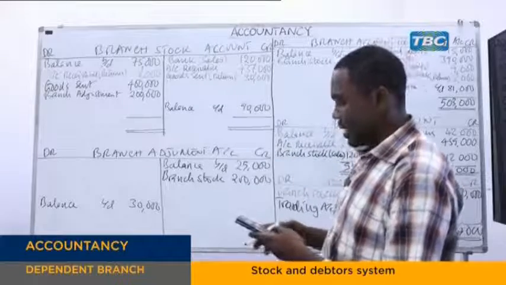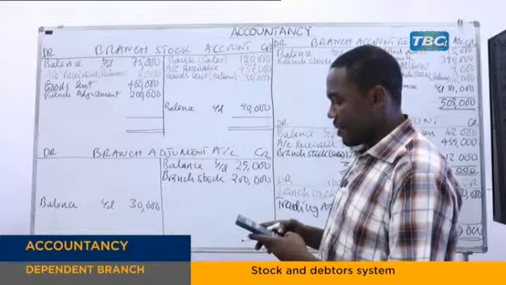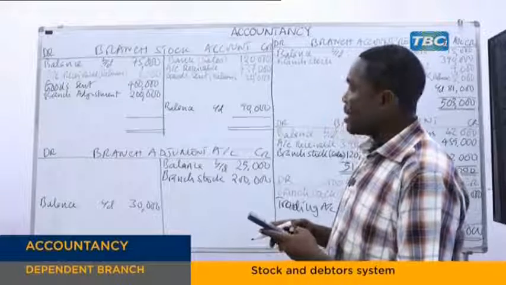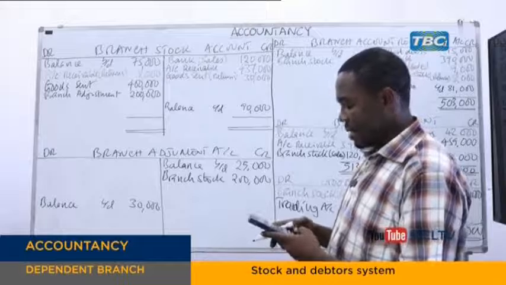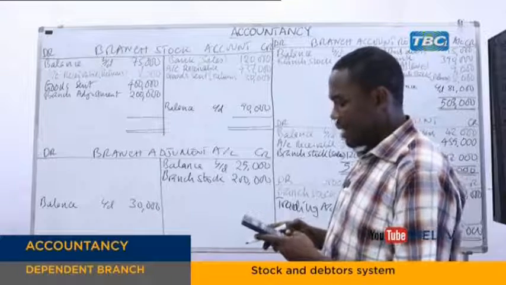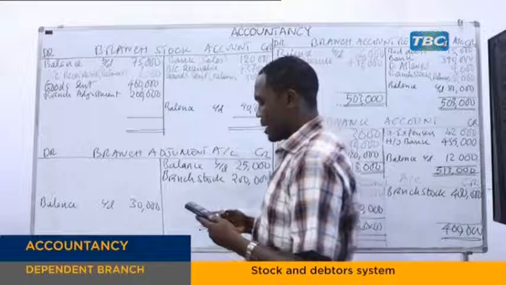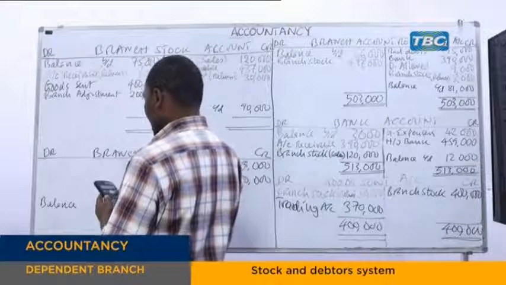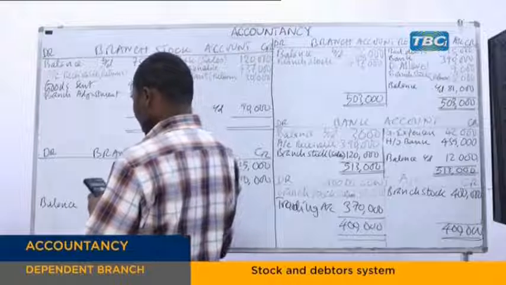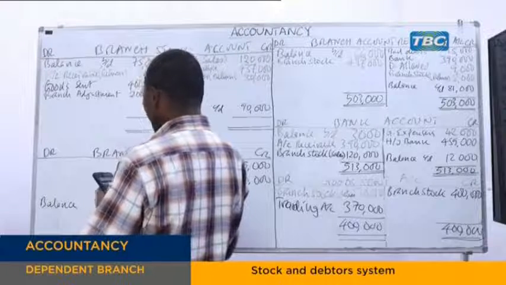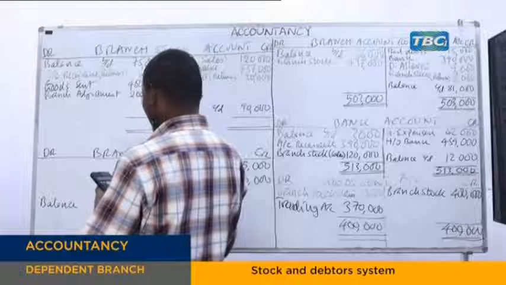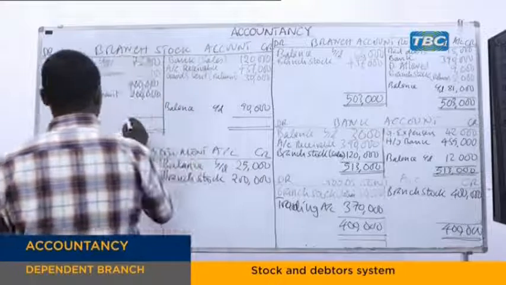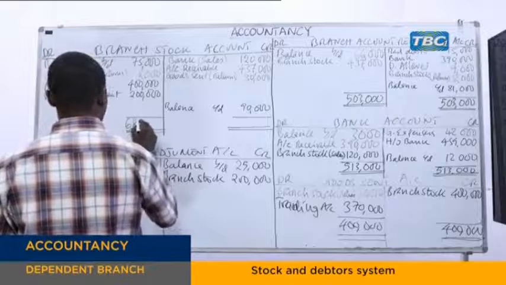Let's start with the debit side. 75,000 plus 8,000 plus 400,000 plus 200,000. We get the total, which will be, yes, 683.